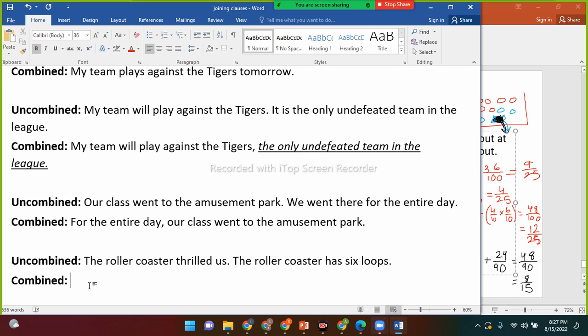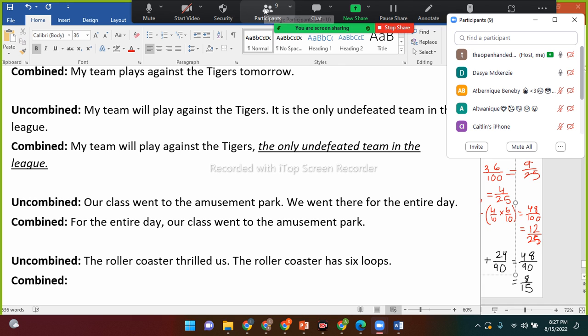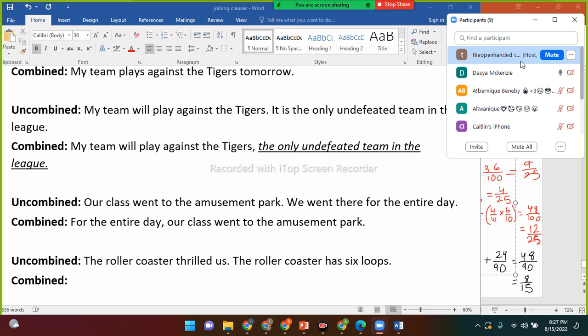The roller coaster thrilled us. No. The roller coaster has 6 loops and thrilled us. Okay, that sounds weird. I mean, that's a combination.